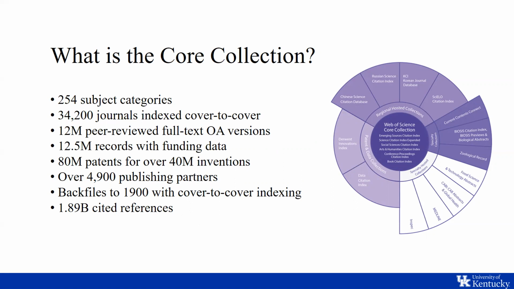And so, as I mentioned, in this image the core collection is Web of Science's database. These show potential databases. They don't necessarily reflect UK's access, and I will show you what collections we have access to when we go through the live demo.